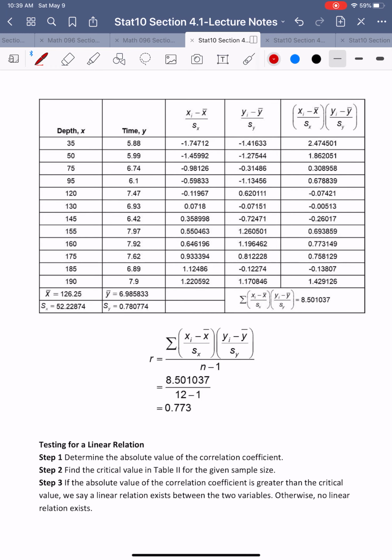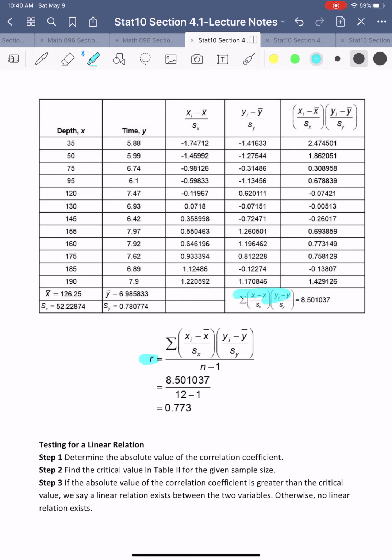Okay, so this is what I got. Then we need to actually use the formula of the linear correlation coefficient r, using the sigma sum, which means you need to add them all together, right?